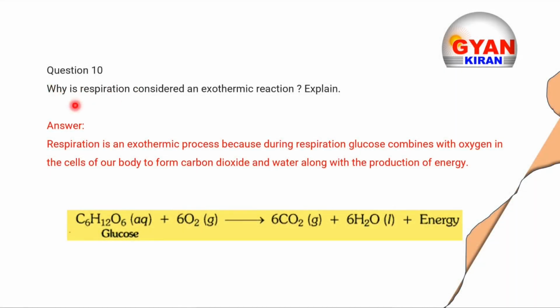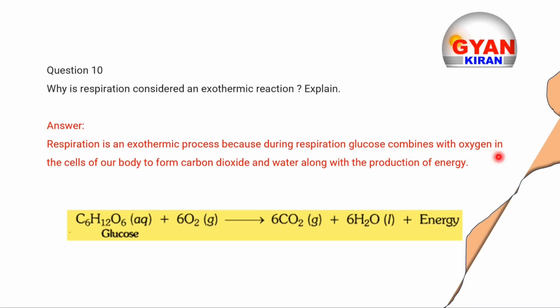Question number 10. Why is respiration considered an exothermic reaction? Explain. Dear student, you have already known that in an exothermic reaction heat is liberated. So here also, in case of respiration, what happens? The glucose combines with oxygen in the cells of our body. What happens actually during this process of respiration?